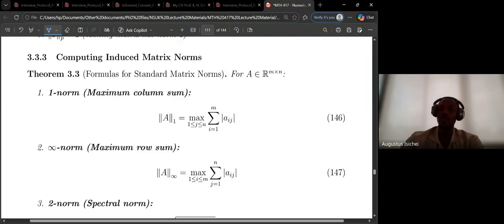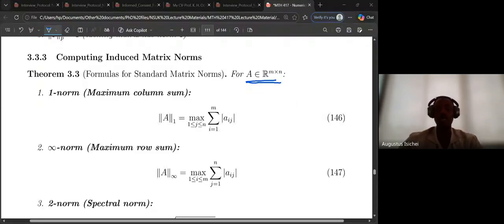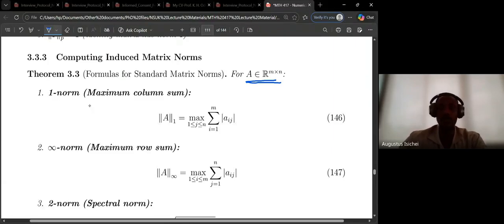For a matrix A in R^(m×n), that is, if I pick any matrix in the set of all matrices of dimension m by n, the maximum column sum, which is like the first norm, is equal to the norm of A subscript 1, that's equal to the maximum of the sum of the magnitudes of a_ij, where i ranges from 1 to m. I hope this makes sense.